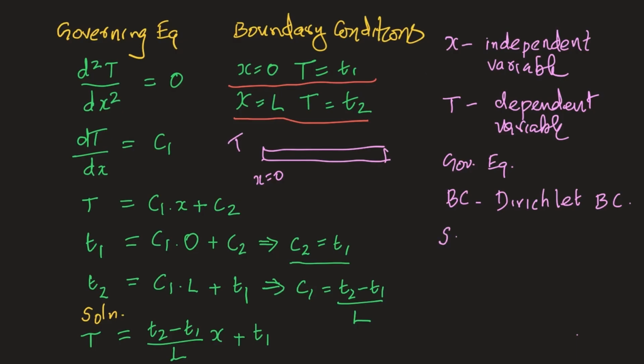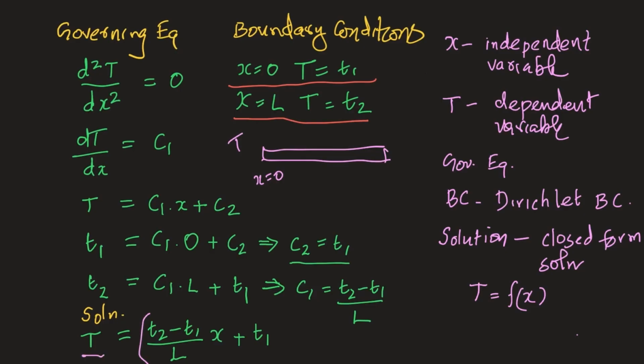Now the solution. What we have here is known as a closed form solution, which means the dependent variable T is expressed as a function of the independent variable. Here T equal to (T2 minus T1) by L into x, x is the independent variable, plus T1.